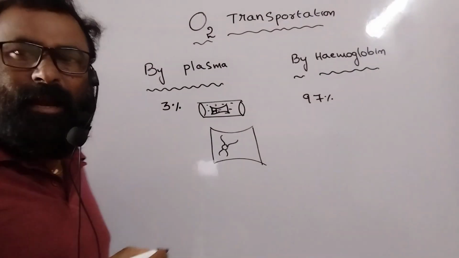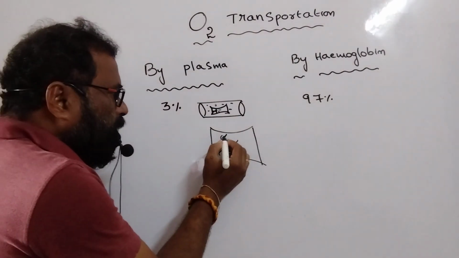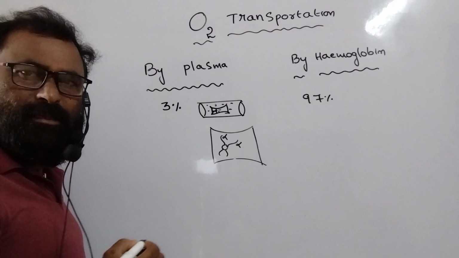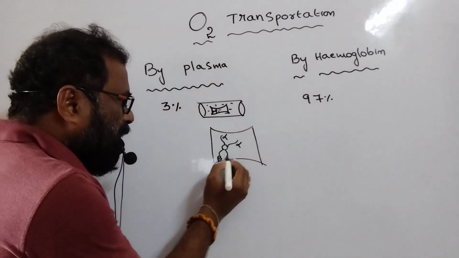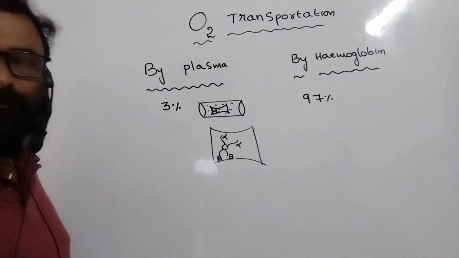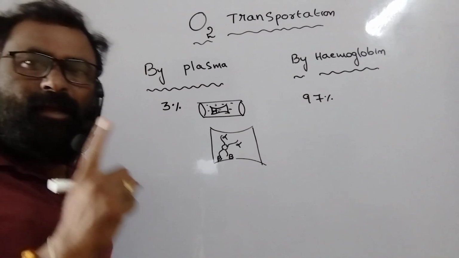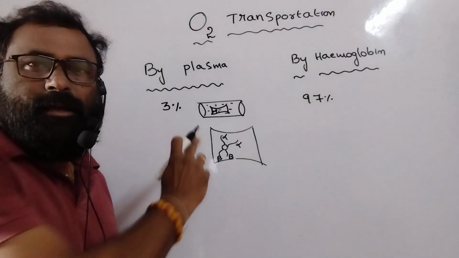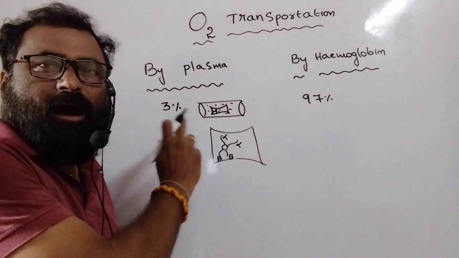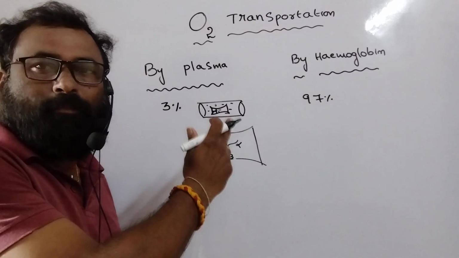Hemoglobin is made up of two alpha polypeptide chains and two beta polypeptide chains. It is seen in the RBC of man, not in the plasma.